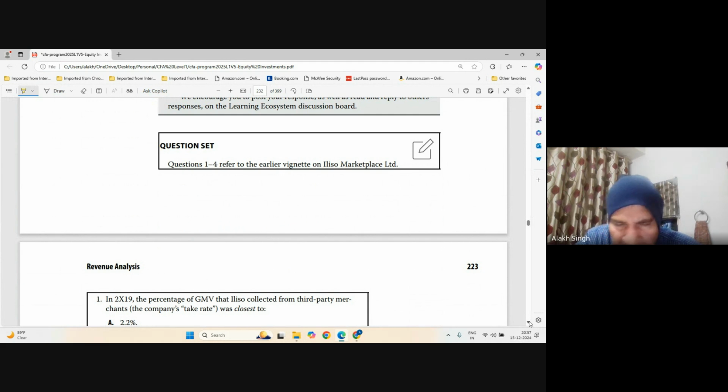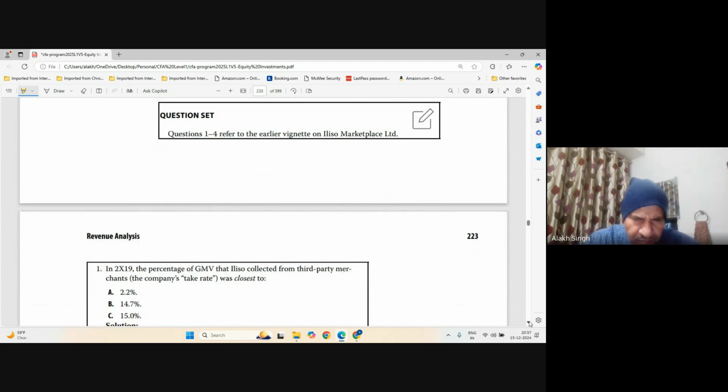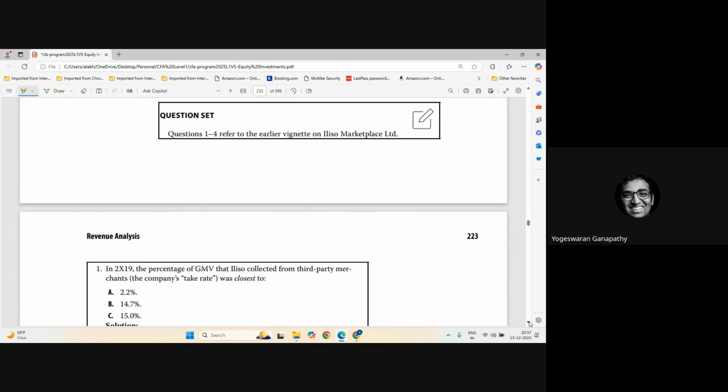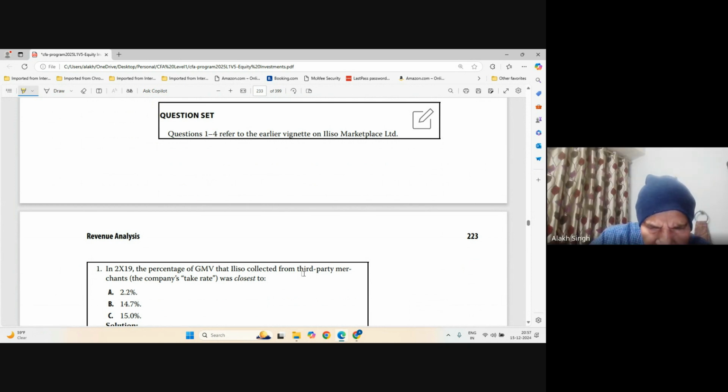Let's see what the question is. In 2019, the percentage of GMV that Eliso collected from third party merchants was closest to what? Well, you can tell the formula, and that's what you will do. We don't even have to go and look at that.